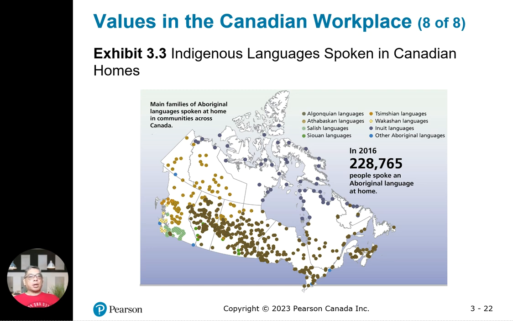Salish languages are spoken in southern British Columbia. Siouan languages are spoken in Alberta, Saskatchewan, and Manitoba. Tsimshian languages are spoken in west British Columbia, and Inuit languages in the north of Canada. Other Aboriginal languages are spoken at a handful of locations. It also says that in 2016, 22,875 people spoke an Aboriginal language at home.